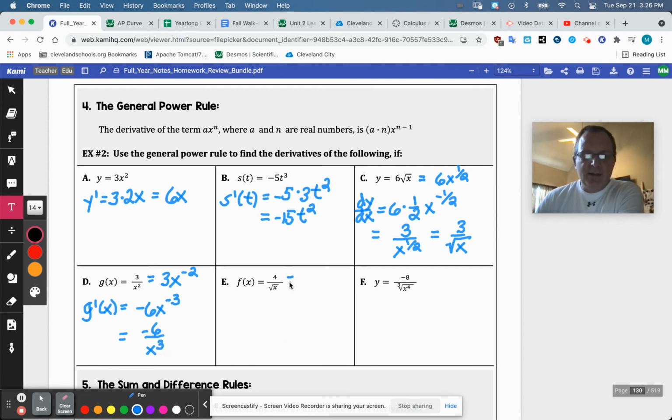All right, this one I need to rewrite as 4x to the negative 1/2. Be careful there. So f prime of x will be negative 1/2 times 4. So that's negative 2x to the negative 3/2, which once again you could rewrite as negative 2 over x to the 3/2.